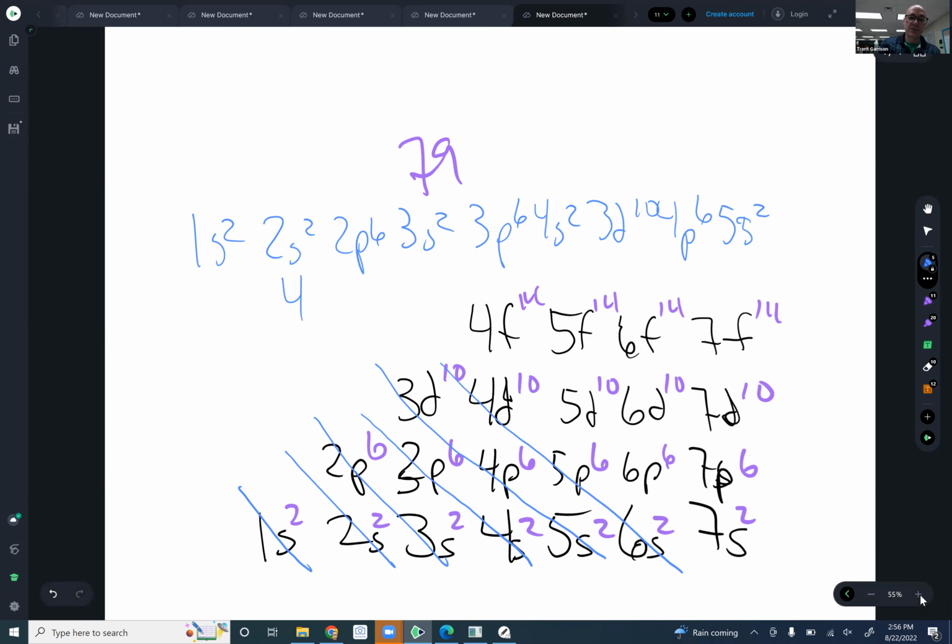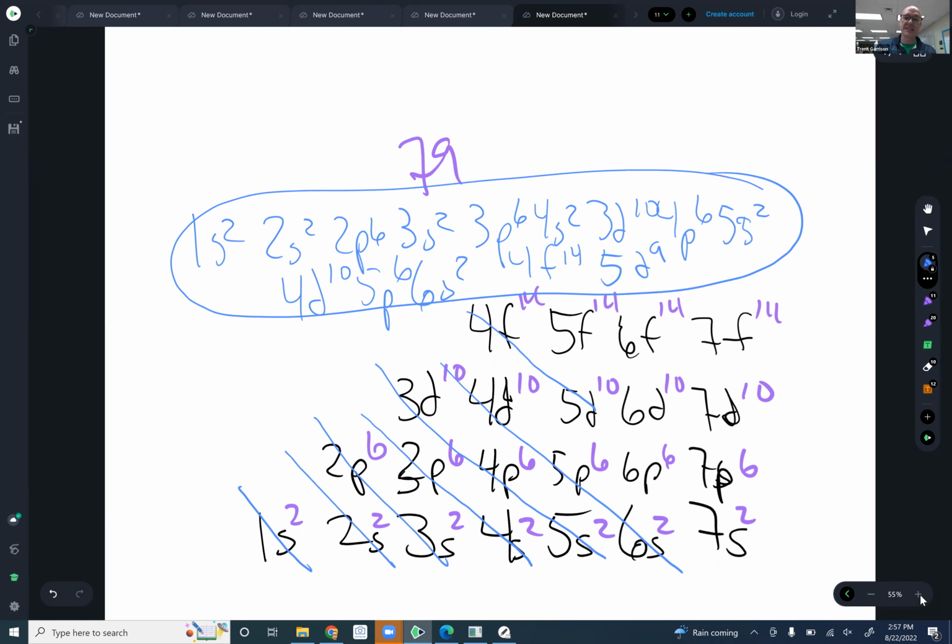I got 4d10, 5p6, 6s2. I'm still not there. I'm going to get there on this one here. 4f14, 5d9. All of this is my sum. If I add up all those values, it's going to be 79.